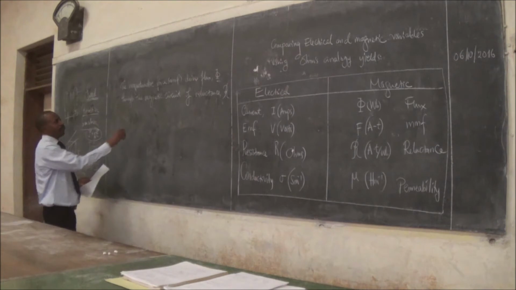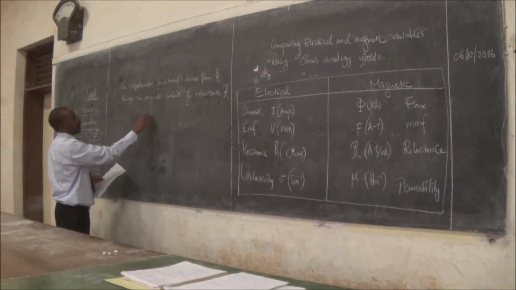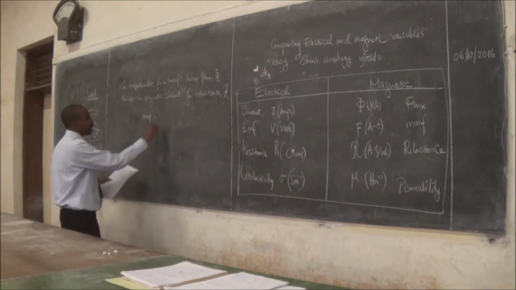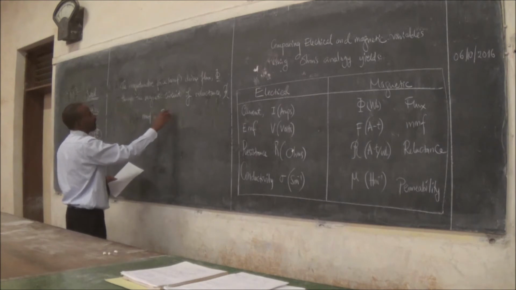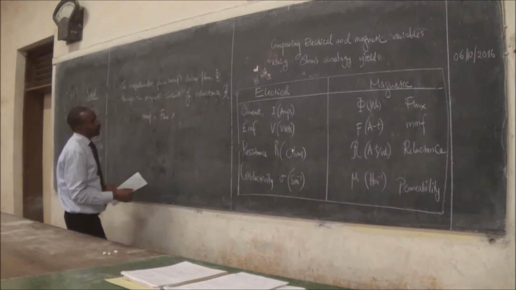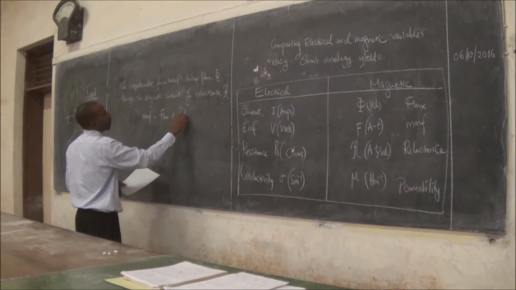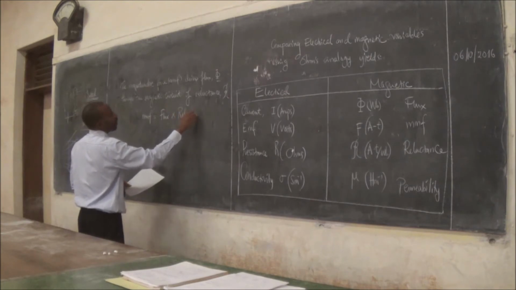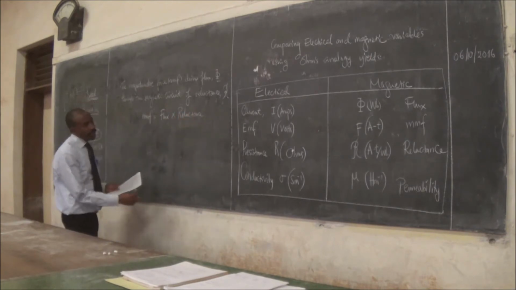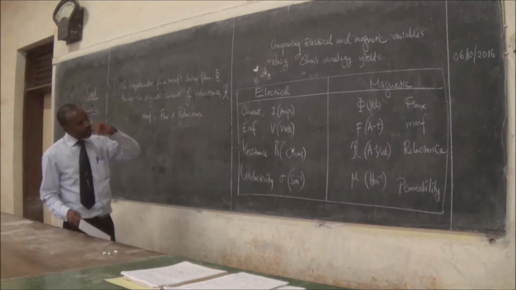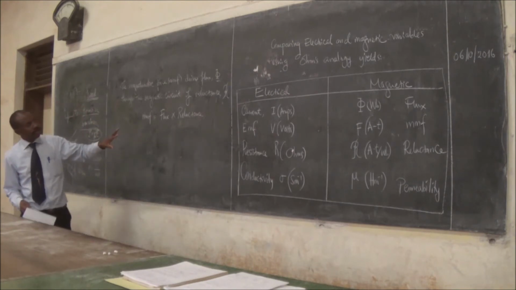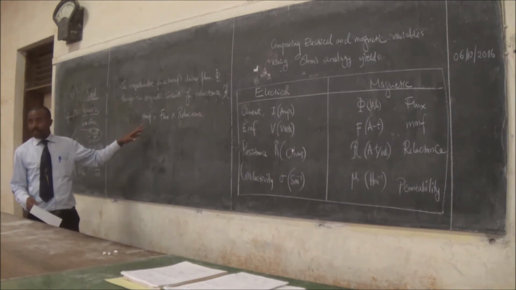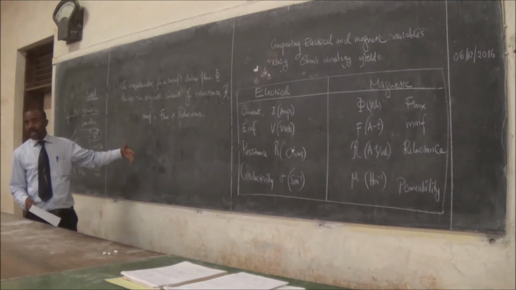So MMF is equal to the flux times the reluctance. But we said somewhere that the MMF is the same as the product of the current and number of turns.